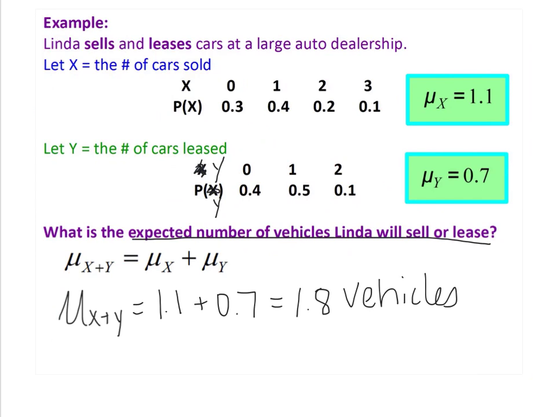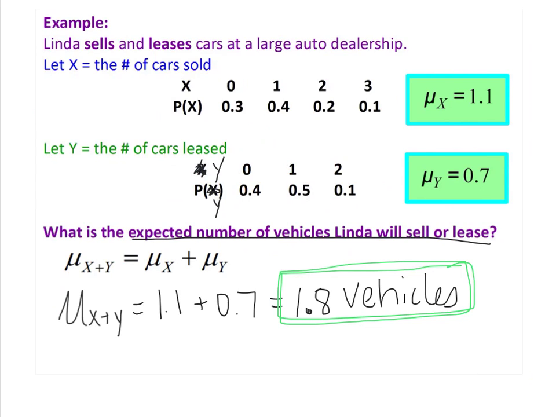So I know that's weird to leave it as 1.8 vehicles. Deep down you want to round that to 2, but we're going to leave it as 1.8. Because as we know, when we find standard deviation, this number and the decimals that it has are super important.